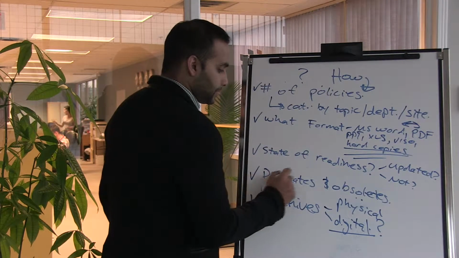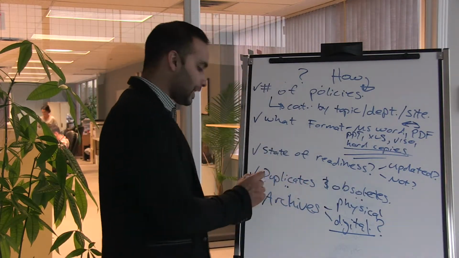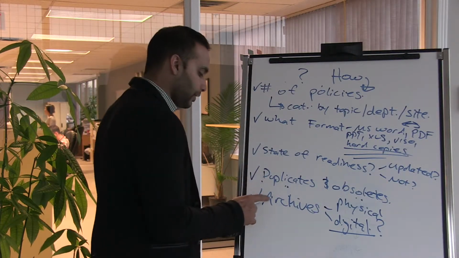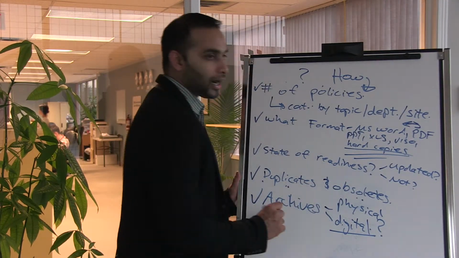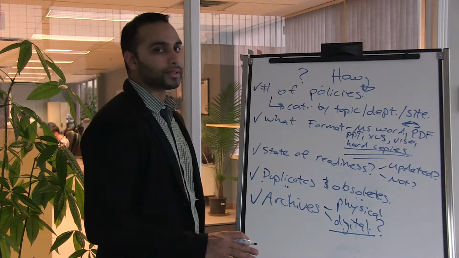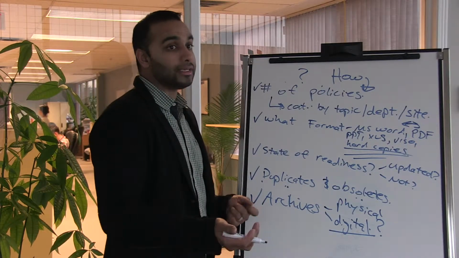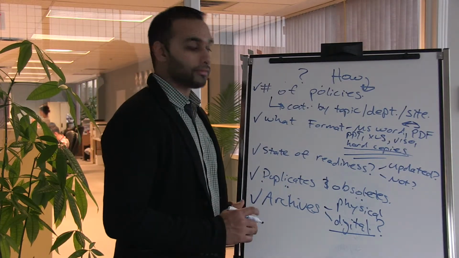So duplicates and obsoletes. And I know I said that was the last one, and I didn't tell the truth. There was one more. Archives. So where are your archives? Are they in the basement of the hospital somewhere, tucked away in a filing cabinet gathering dust? Probably legally you need to do that, because I know in most states and provinces you need to legally keep the original version.